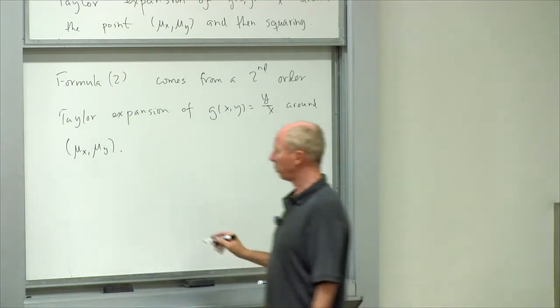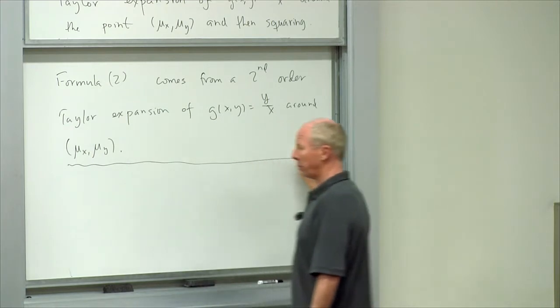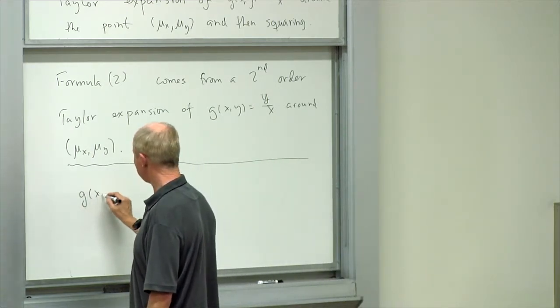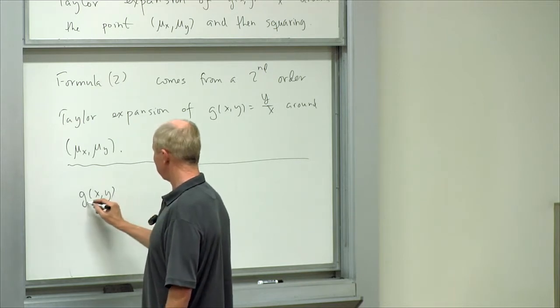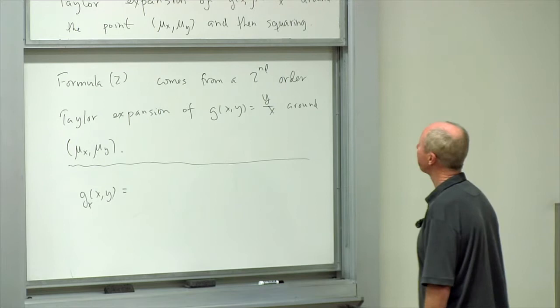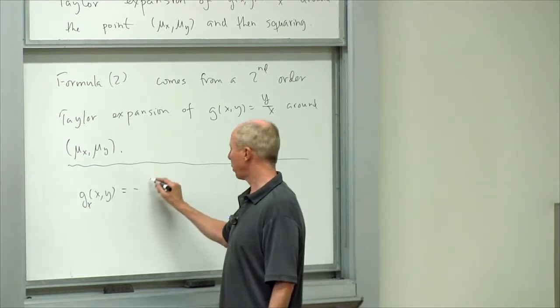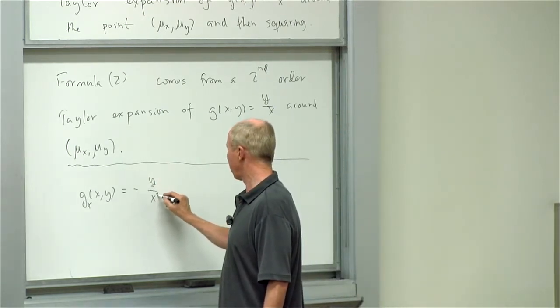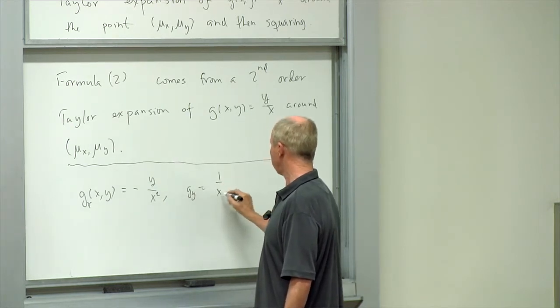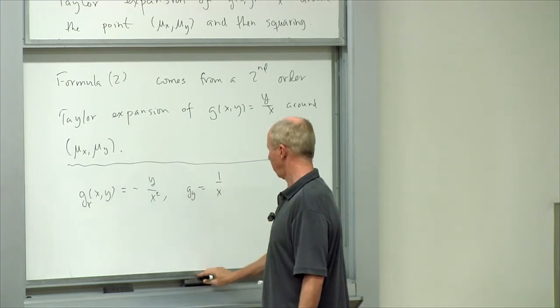Okay, so we did a little bit of this last time. Let me briefly go through it. You have to compute the derivatives of g of x, y. The x derivative is minus y over x squared. The y derivative is 1 over x.